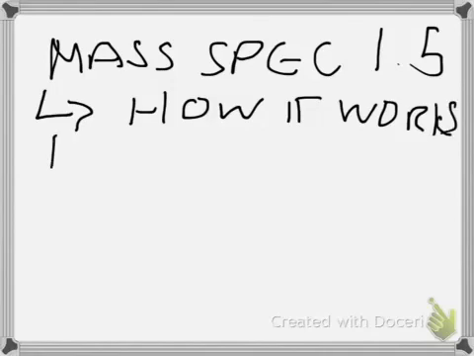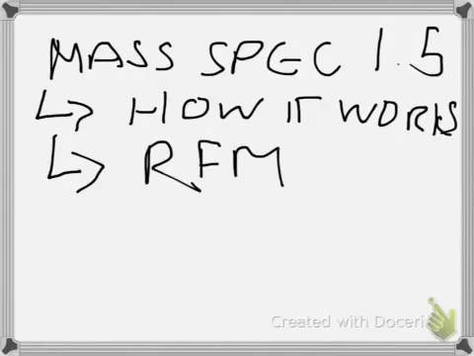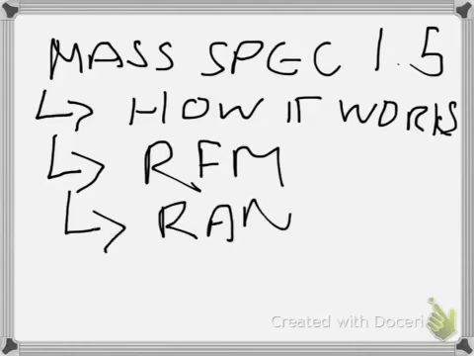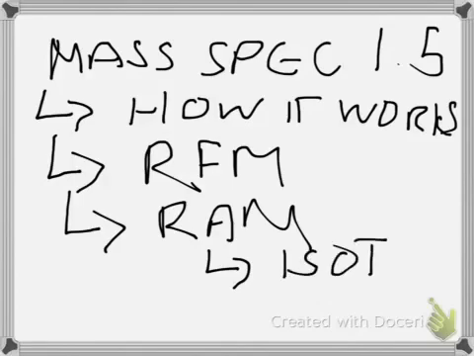Once we've looked at how it works, we're going to look at how we can use mass spec to calculate the relative formula mass for a compound and the relative atomic mass for an element, looking at different isotopes and combining those isotopes together to work out what the relative atomic mass actually is.